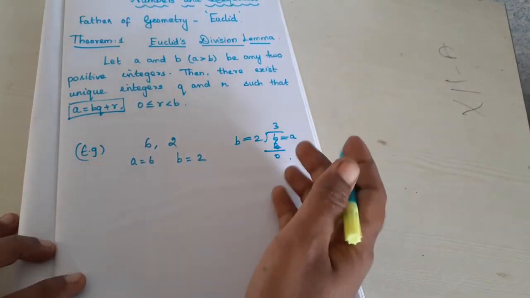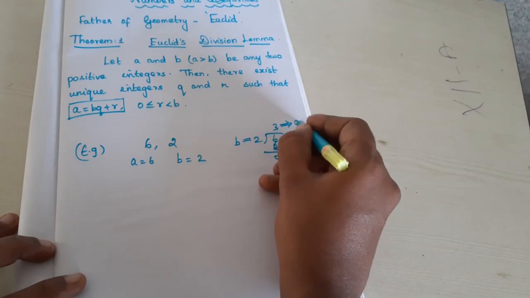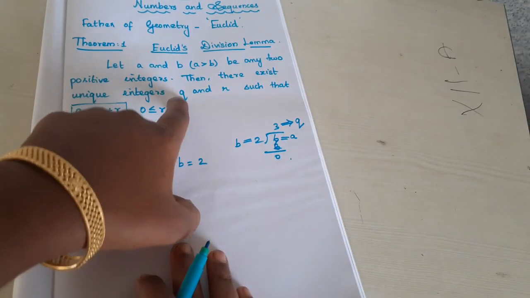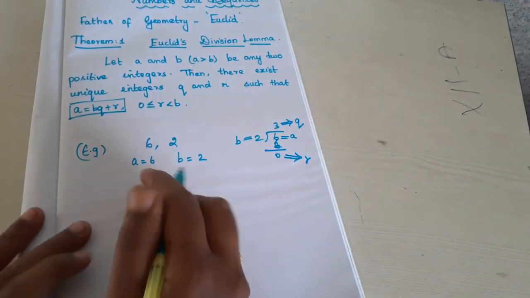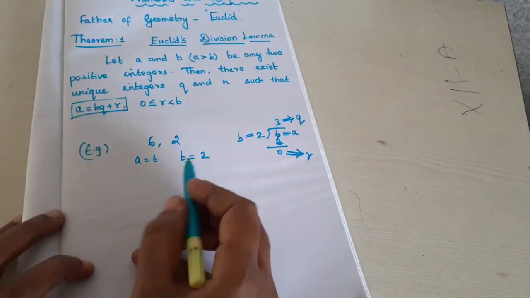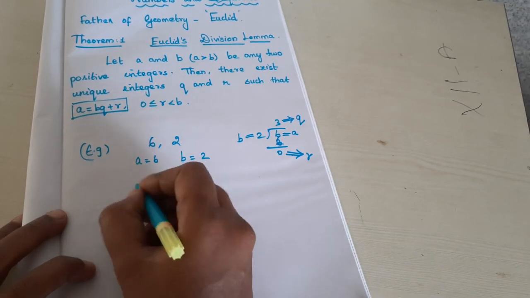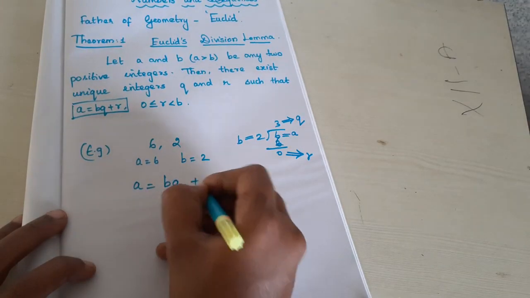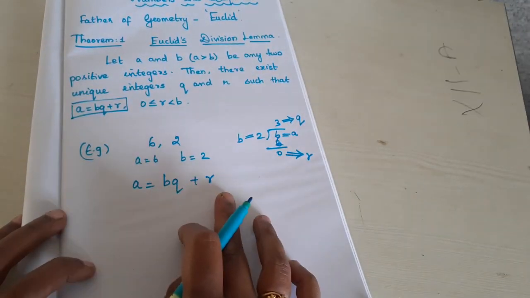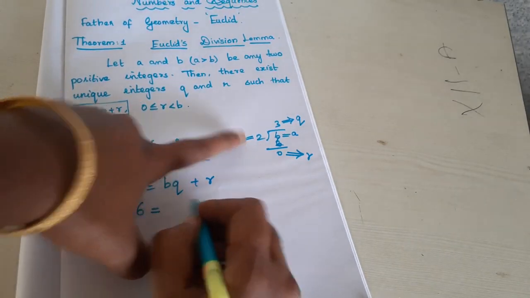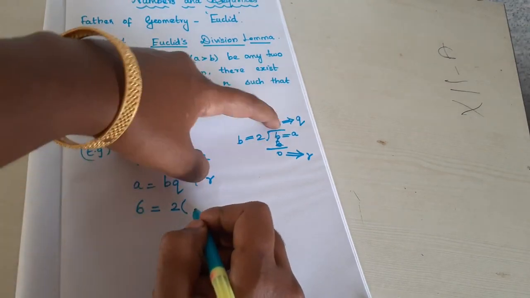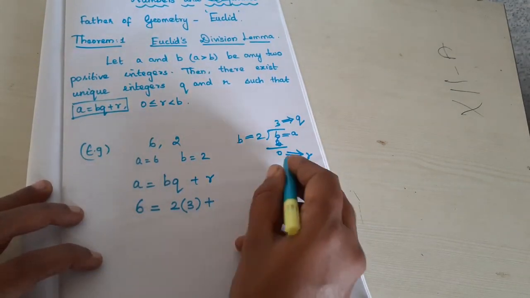There exist unique integers q and r. q is the quotient and r is the remainder. So how can we mention this for 6 and 2? What is the format? a is equal to bq plus r. This is the formula for Euclid's division lemma. In the place of a, 6 is equal to b, 2, into the quotient 3, plus remainder 0.